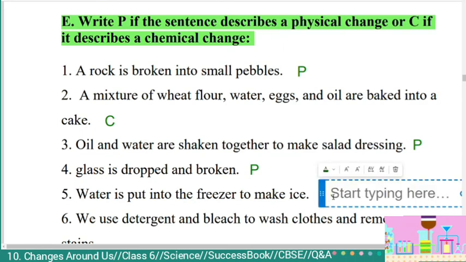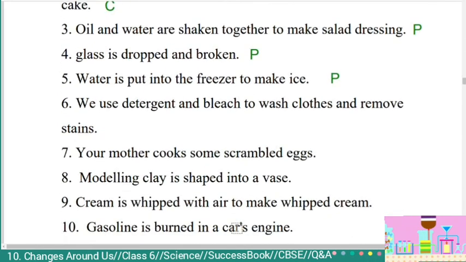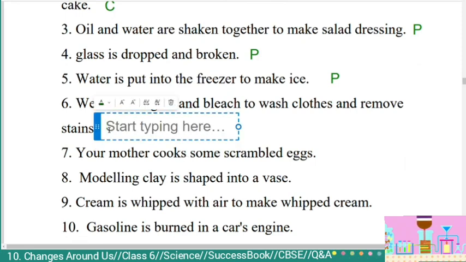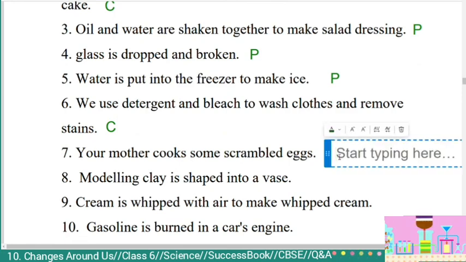It is also a physical change. Sixth one, we use detergent and bleach to wash clothes and remove stains. It is a chemical change. Seventh, your mother cooks some scrambled eggs. It is a chemical change.